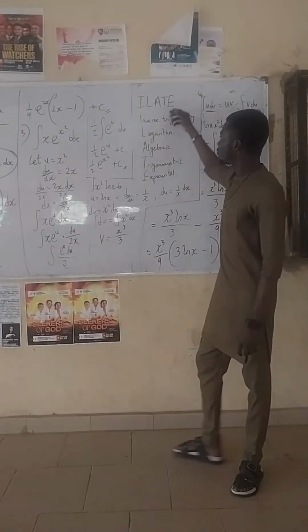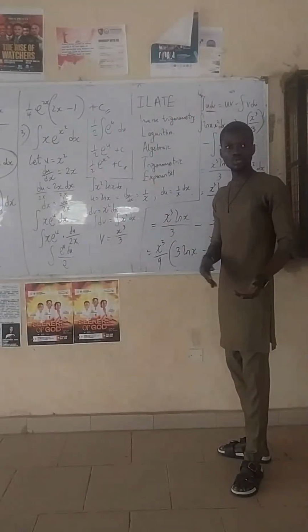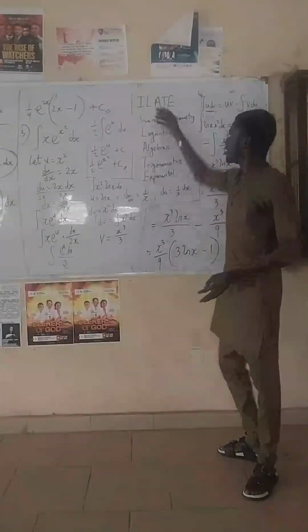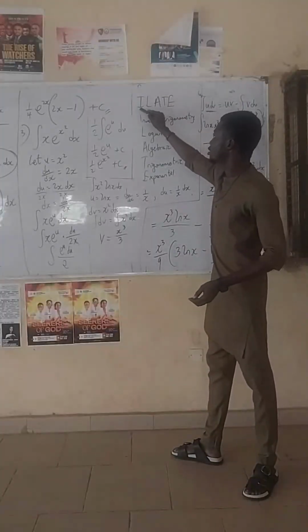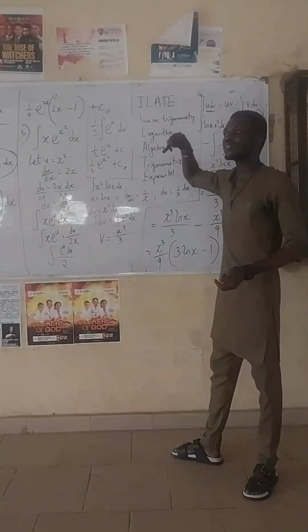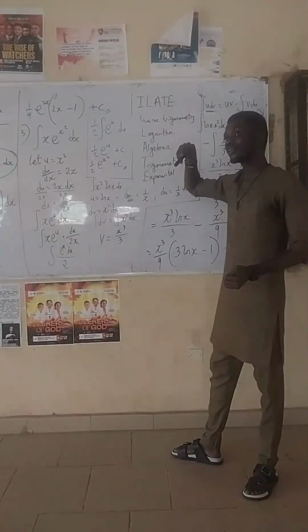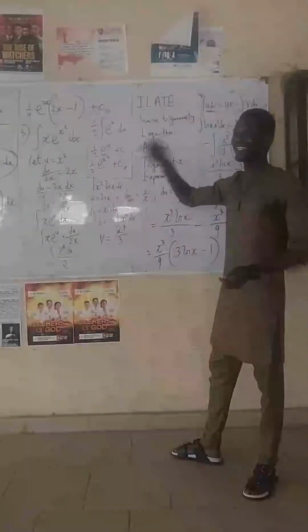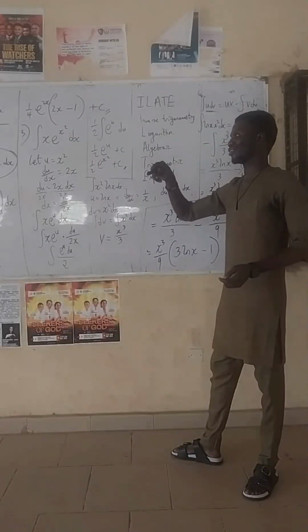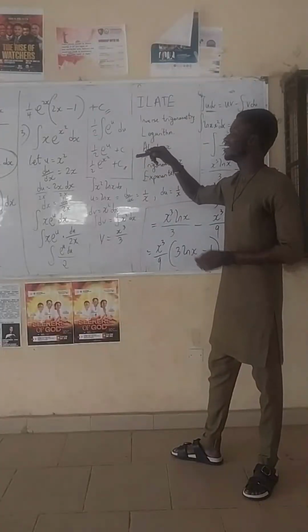I said we have to follow the arrangement to know which one is our u and which one is our v, using the LIATE law.